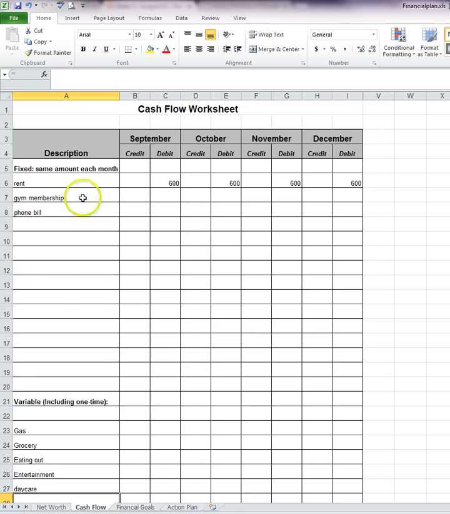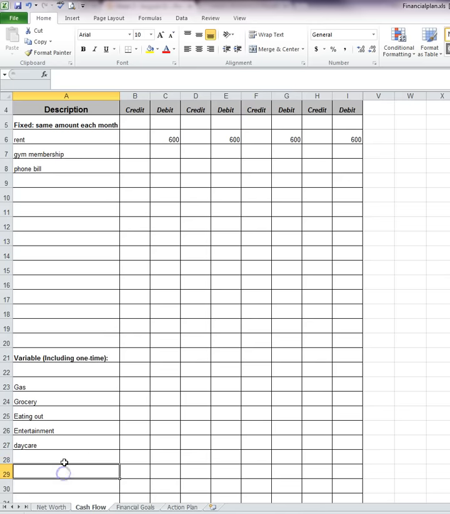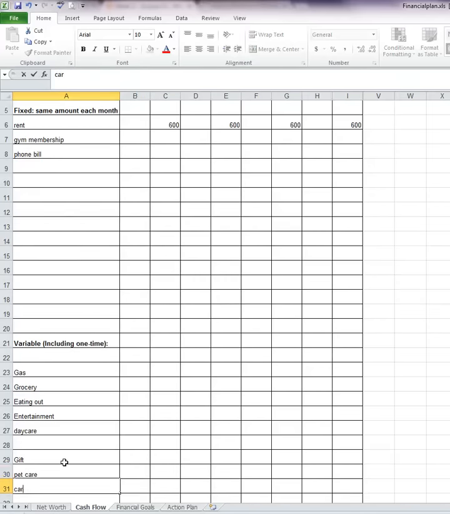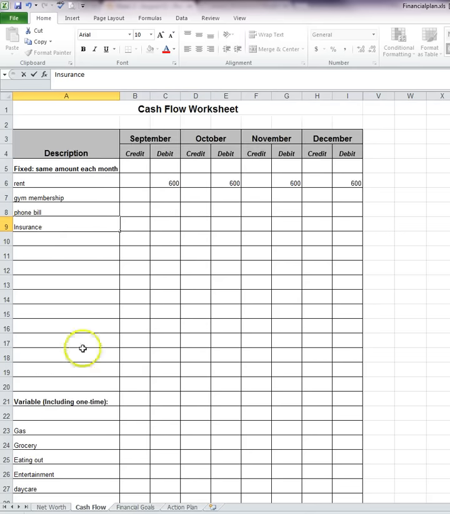Oh, it went here, it went to a gym, it went to grocery, maybe it went to a gift. Gifts can add up. Maybe it went to pet care. Maybe you had to do car repairs. Remember other things on here. I can think of another fixed expense might be insurance. Okay? But this will come easily if we do a very good job of capturing all our expenditures.